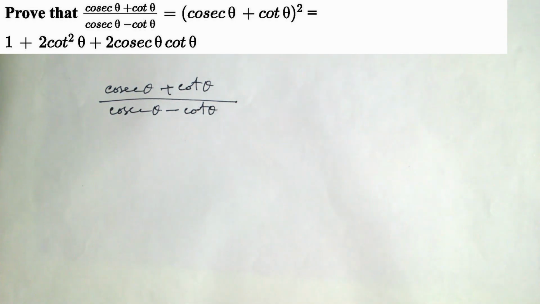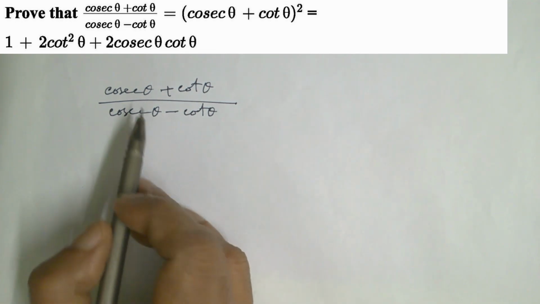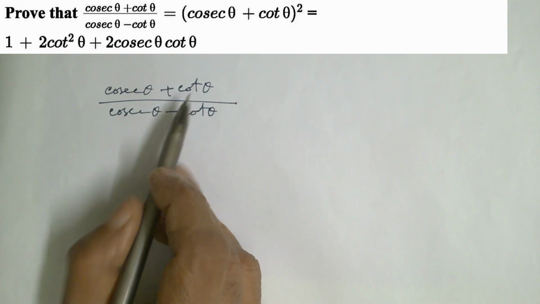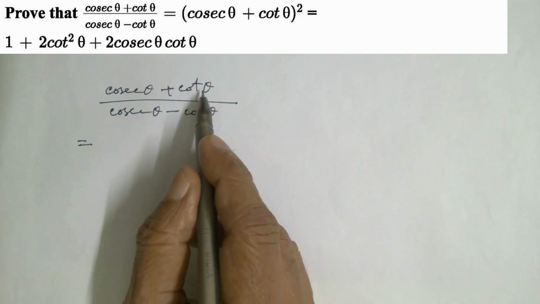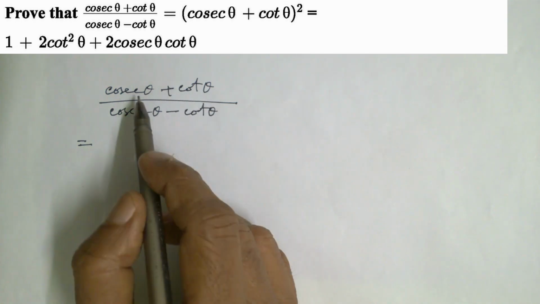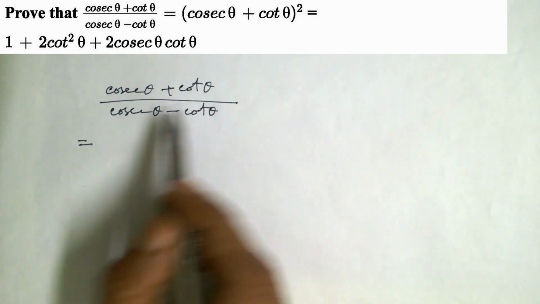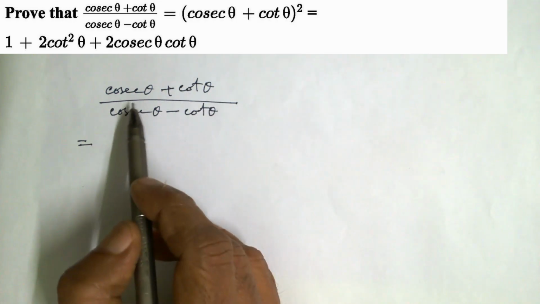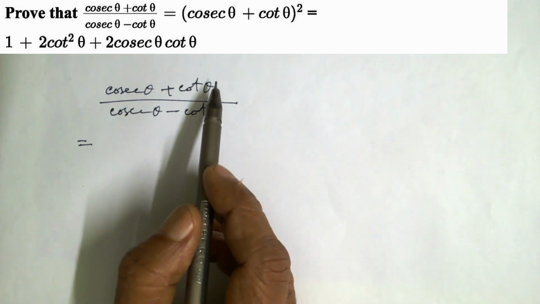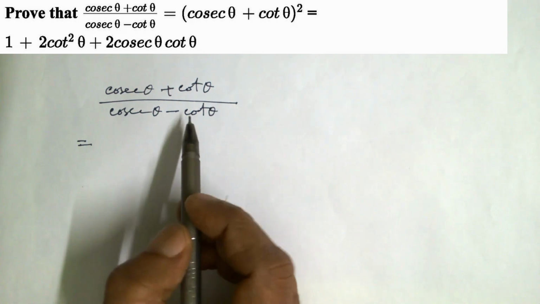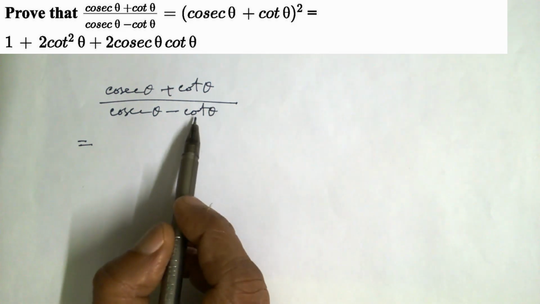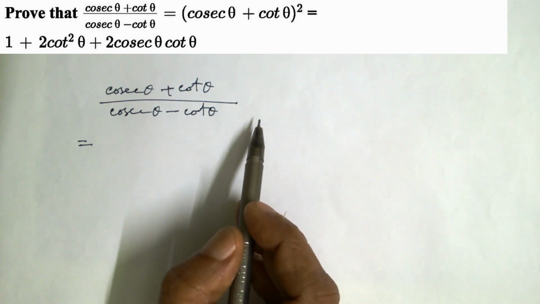If we look at the middle term, cosec theta plus cot theta whole square, that is square of numerator. So, if we multiply numerator and denominator by cosec theta plus cot theta, numerator will be cosec theta plus cot theta whole square, which is middle term, and denominator will be cosec theta minus cot theta into cosec theta plus cot theta.